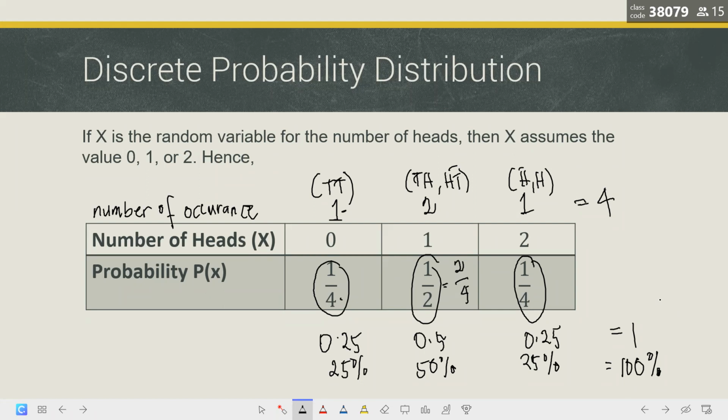O pag sinabi, kunwari, yung buhay niya 50-50, ano ibig sabihin nun? 50% chance na mabuhay siya, 50% chance na mamatay siya. Pag tinotal natin yung 50-50 na yon, 100%. Okay? Sa business math, lumalagpas yung percentage natin up to 100%. Pwedeng lumagpas doon. Pero sa probability, 100% yung maximum.